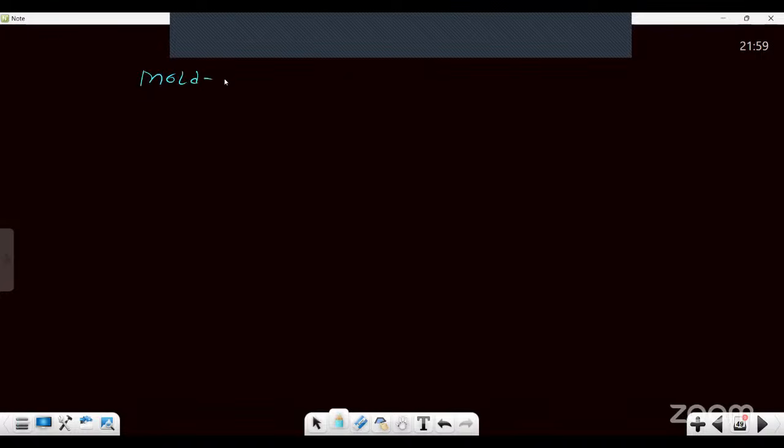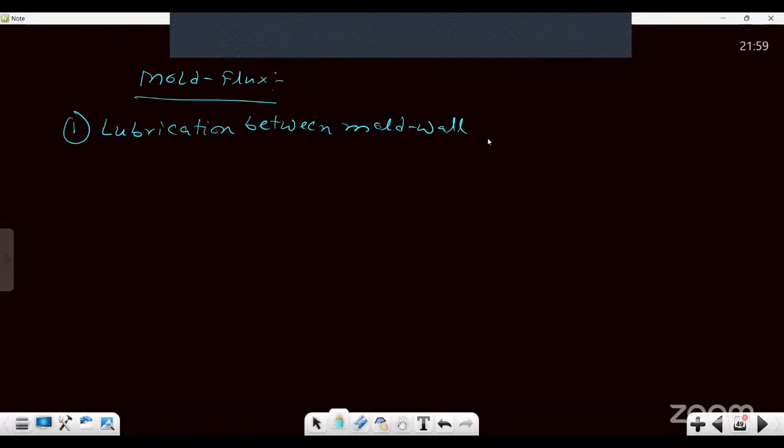Some of the important functions of mold flux: lubrication between mold wall and steel.